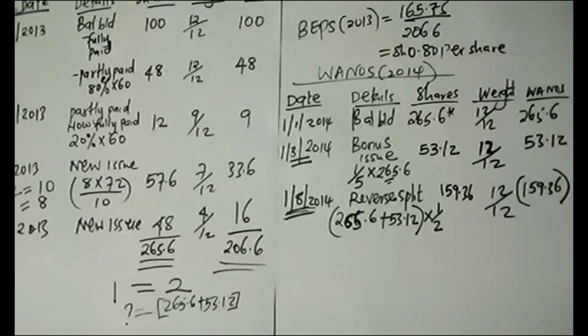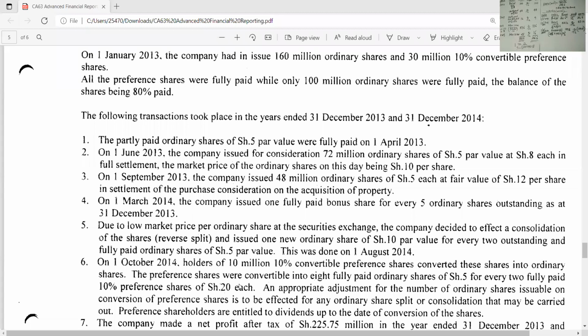So we have to continue with another additional information since we are done with the aspect of a reverse split. Once I'm done with the reverse split, I have to move now to note 6. Note 6 was concerning preference shares, the convertible.